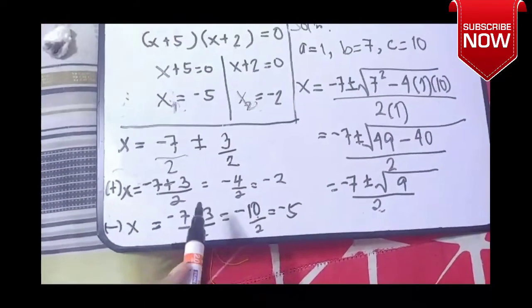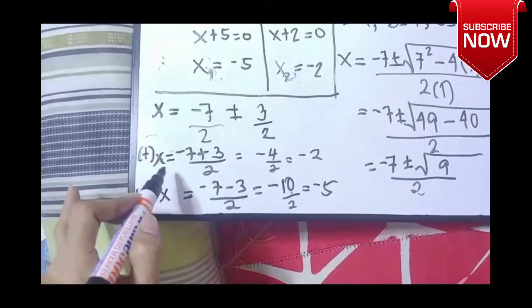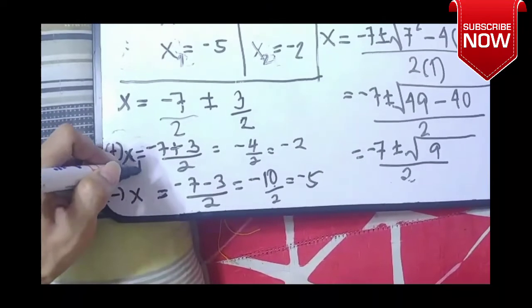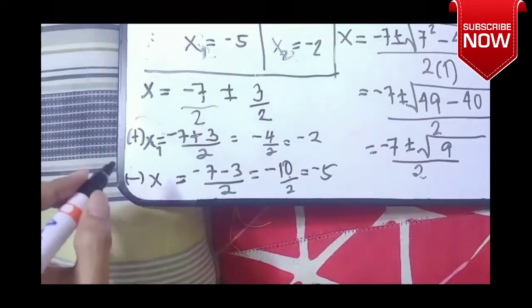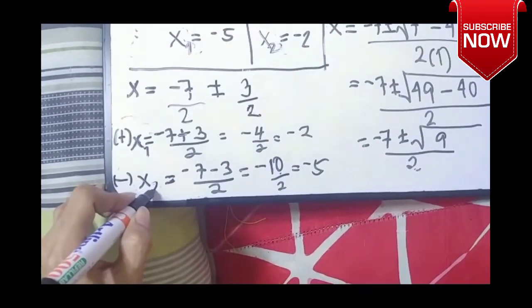Sa quadratic formula naman, considering positive, since ito yung first value ng x na na-solve natin, so we will name it as x1. And considering negative, since this is the second value of x, this would be x2.